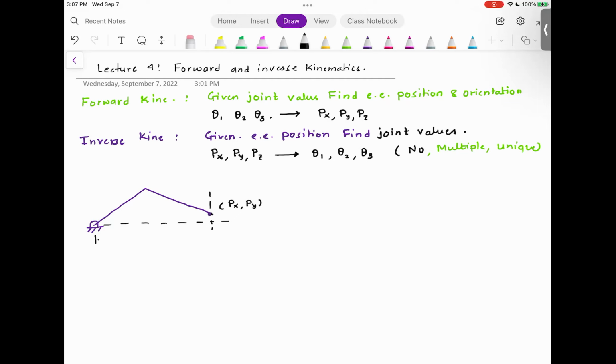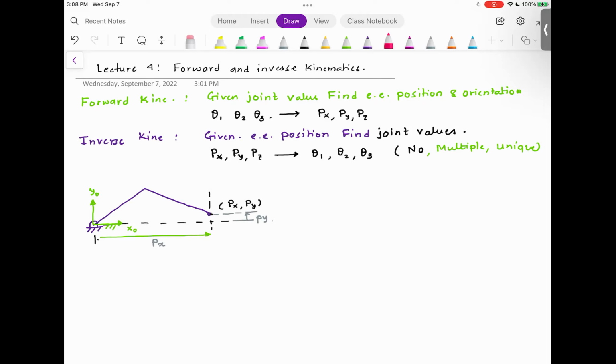Px is this distance, and it is always defined with respect to the zeroth, or inertial, frame. This is my zeroth, inertial, or fixed frame, so I will call this x0, y0, and z0 is coming towards you. This distance is py.